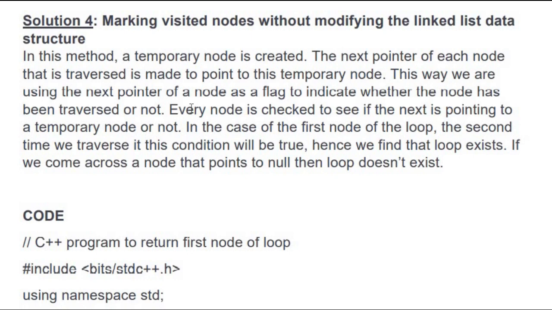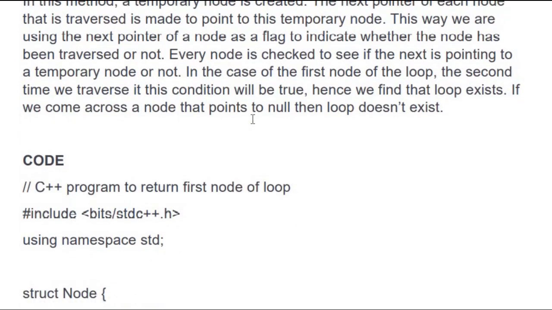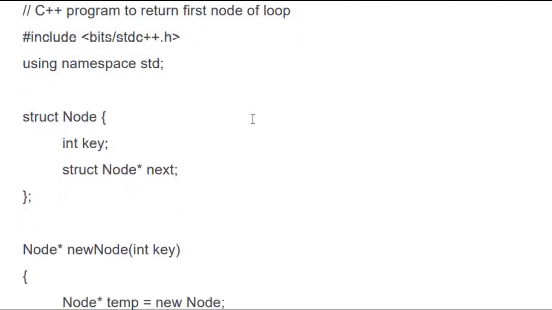In the case of the first node of the loop, the second time we traverse it, this condition will be true. Hence we will find that a loop exists. If we come across a node that points to null, then a loop doesn't exist. This is the code for this approach.